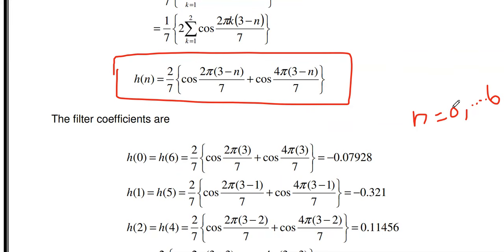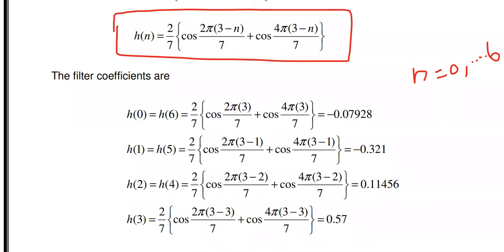About 3 as the center, h of 0 and h of 6, the first and last coefficients, become equal. Similarly, h of 1 and h of 5 are equal, h of 2 and h of 4 are equal, and h of 3 is unique.